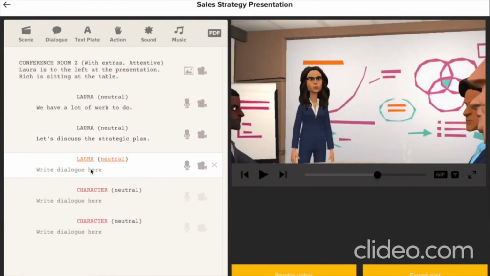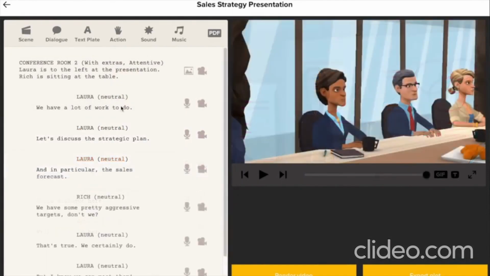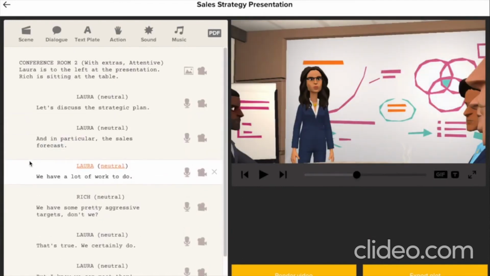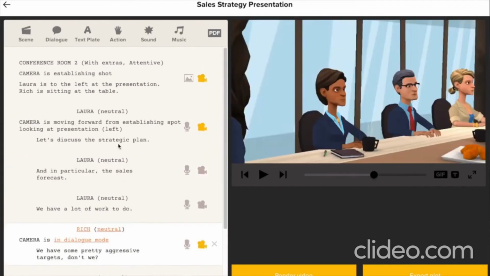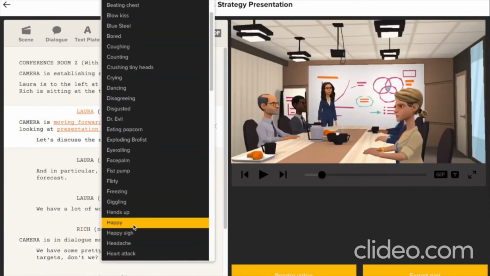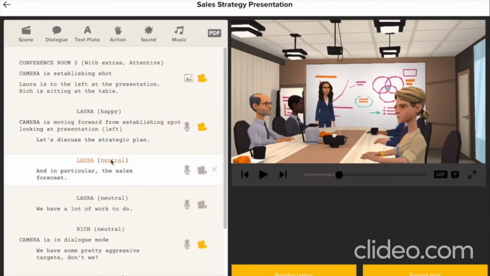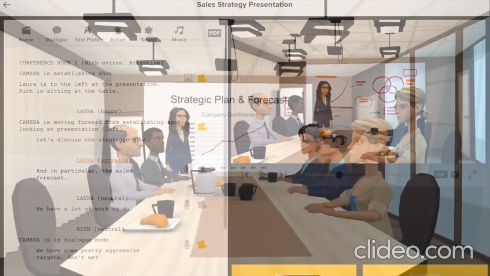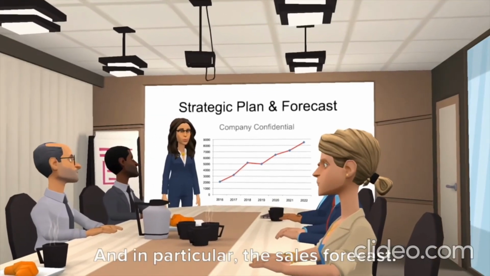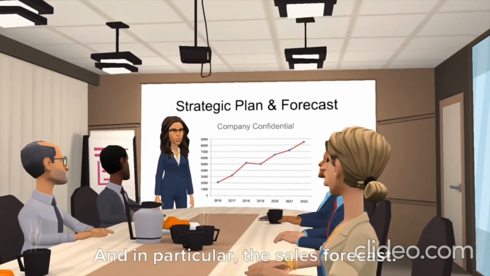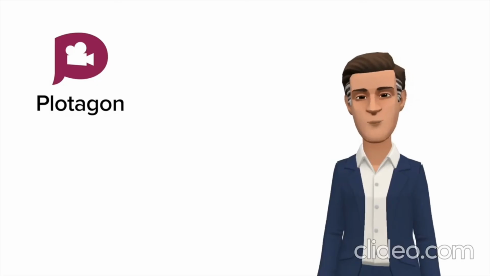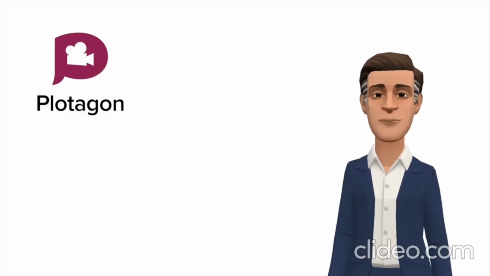Plotagon features over 200 original locations and lets you import images, adjust camera angles, and add background music. Record your own dialogue or use our built-in digital voices. When you're finished, export your work in stunning 4K resolution video. Then update your movies anytime you wish, all with no special training or animation experience. Try Plotagon for free and animate your communications today.